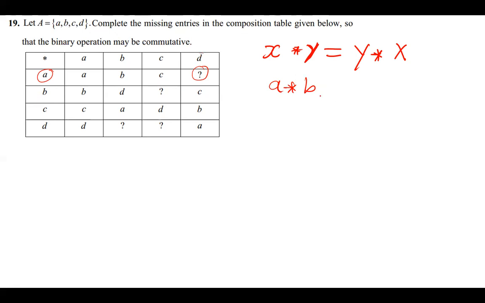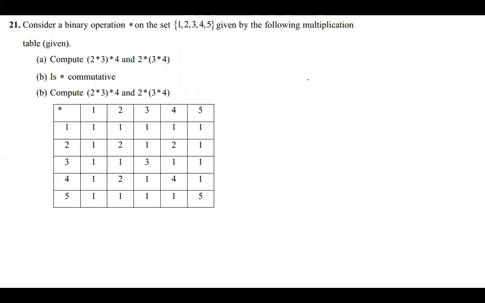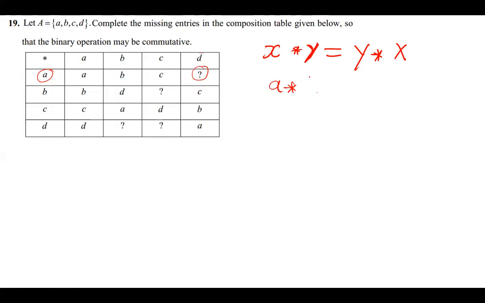So the codomain for A star D is the one that we are supposed to find. Oh, this one is a question mark, not a 2. Okay, the one that we're finding, and then let us also try to find D star A, because we know that for this table to be commutative, it means that A star D should be equal to D star A.